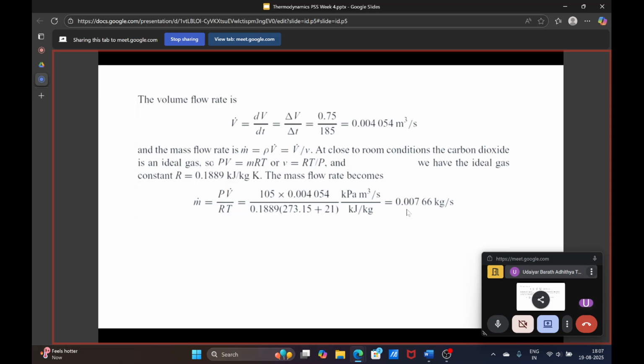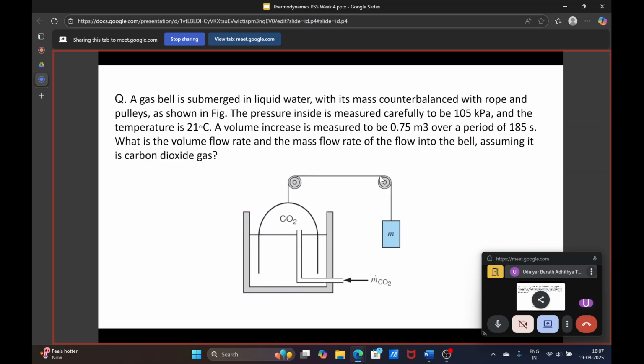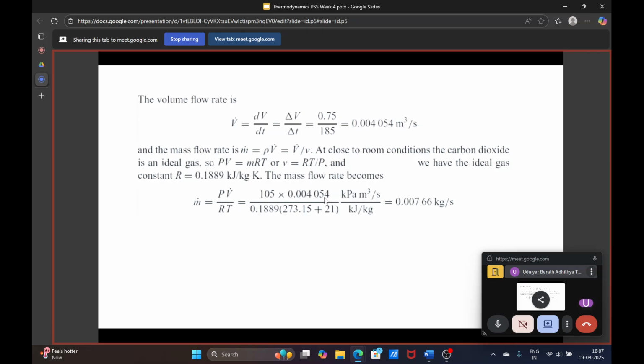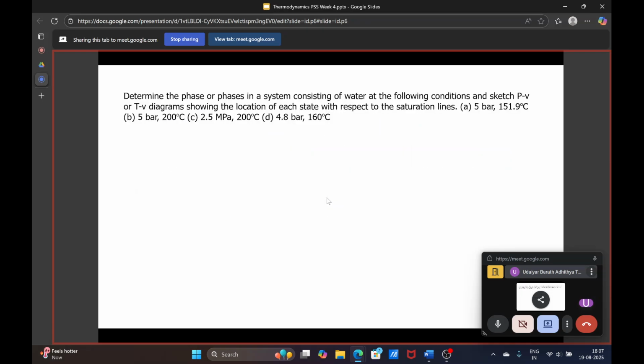This comes out to be 0.00766 kg per second. So everything was given, we straight away found the volume flow rate, and then we estimated density to calculate the mass flow rate. The other parts of the question were redundant.